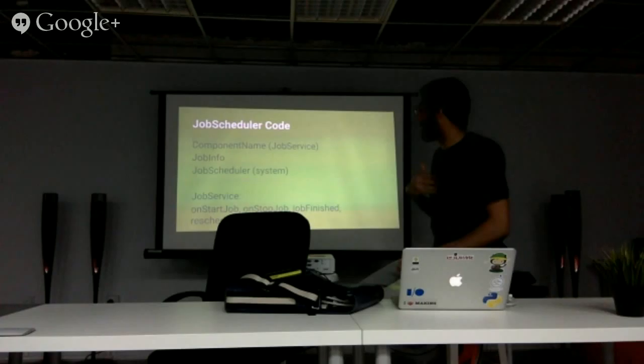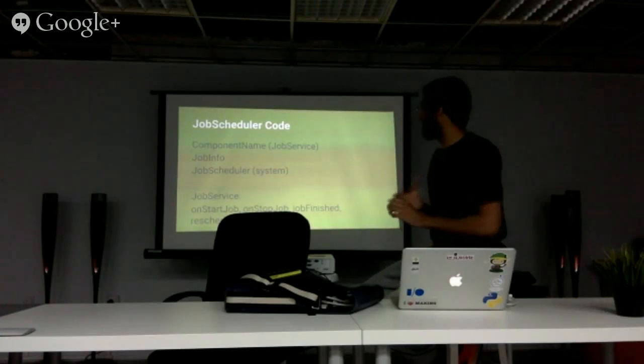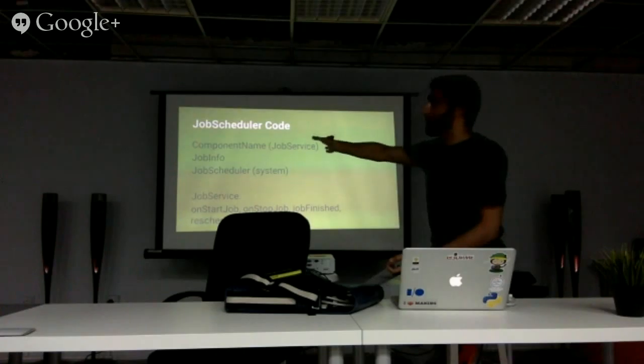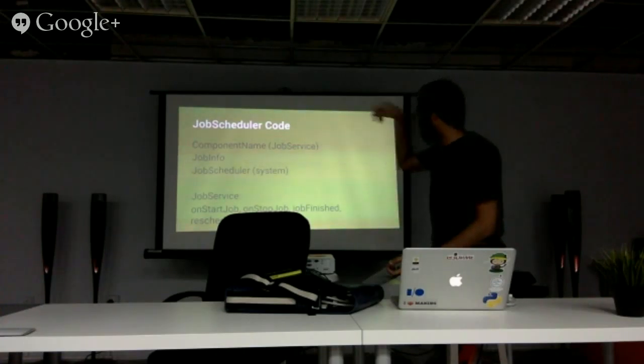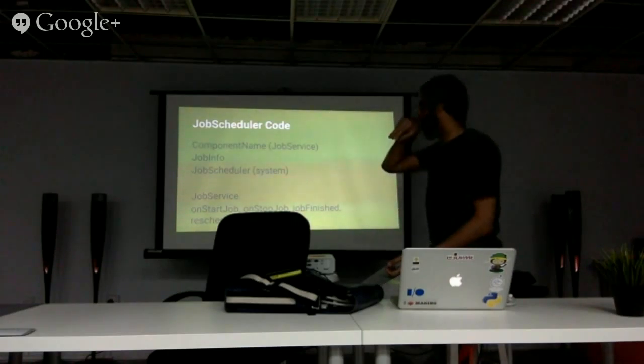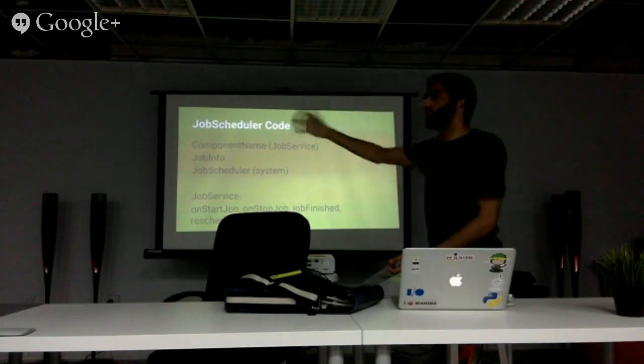There are 3 components: the job service, the job info, and the job scheduler itself. You create a job info and add the job service to it. The job service is the endpoint where your code will be.